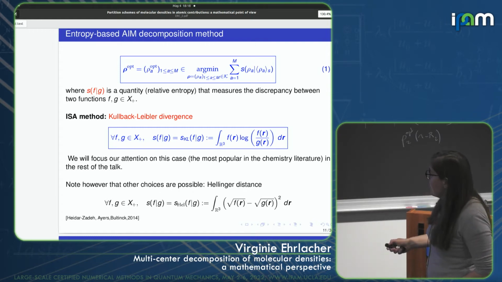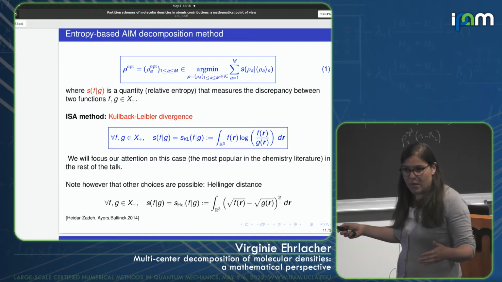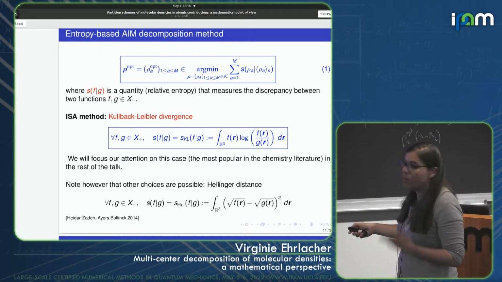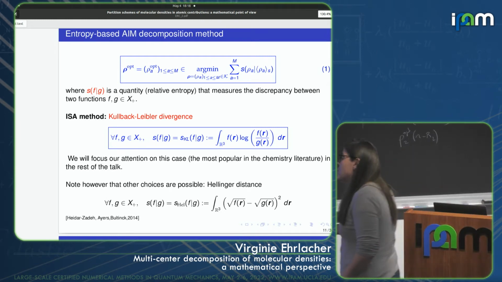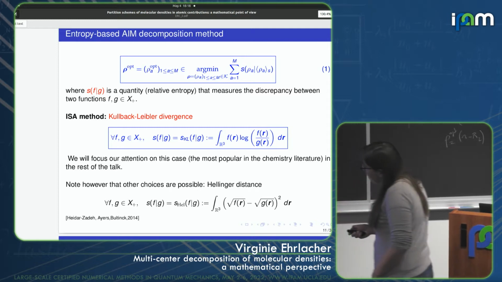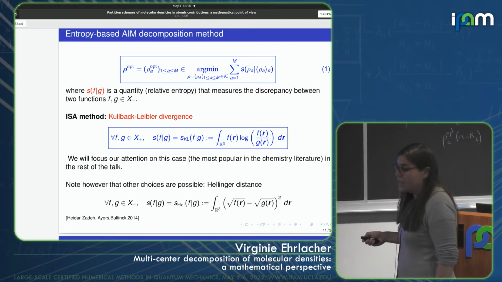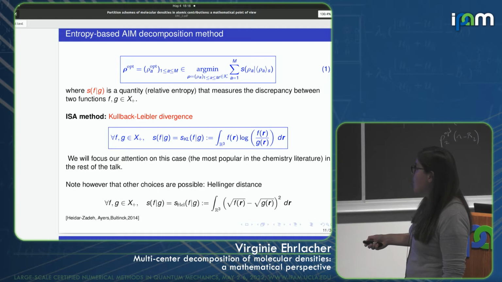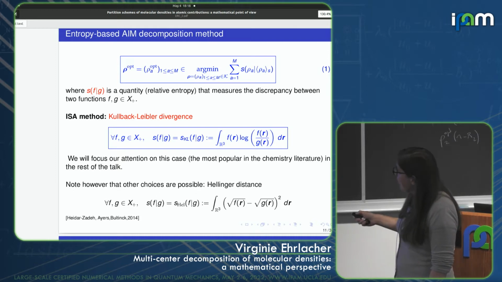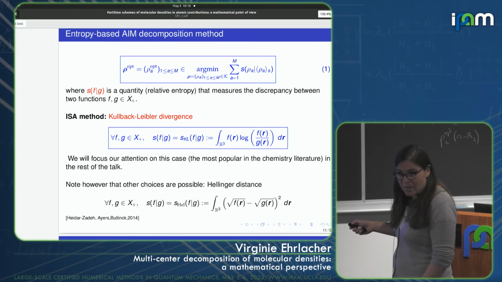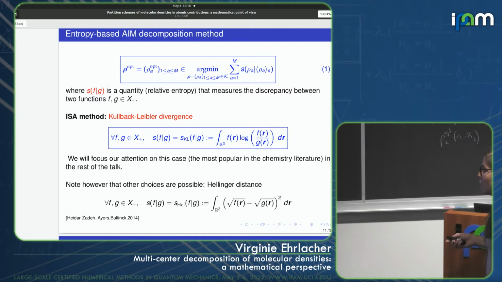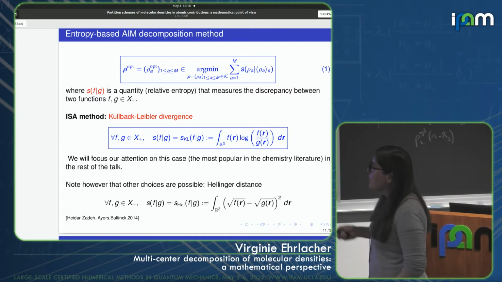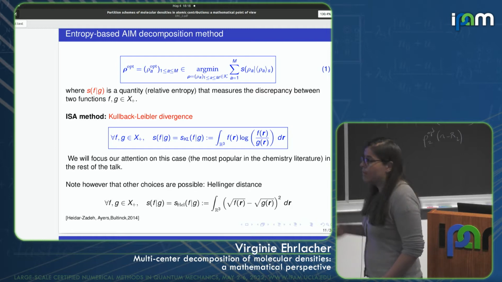But there are many other choices in the chemistry literature. This one is one of the most popular, but other choices could be made, based on other kinds of distances or relative entropies. For instance, in this paper, they use the so-called Hellinger distance, which is defined as follows. I'm mostly going to focus on this particular case because we are able to show some mathematical properties that are quite nice, especially for numerical methods. But it's one method among many others.